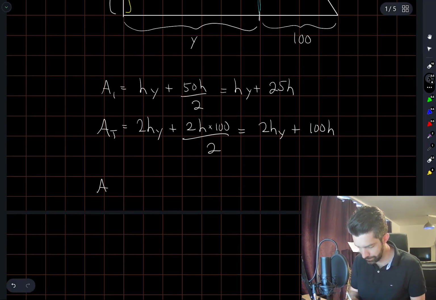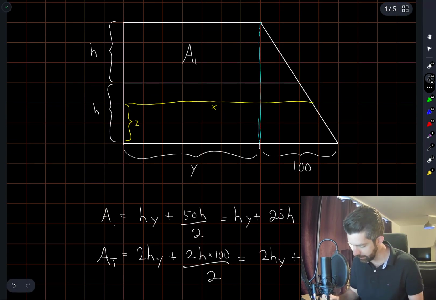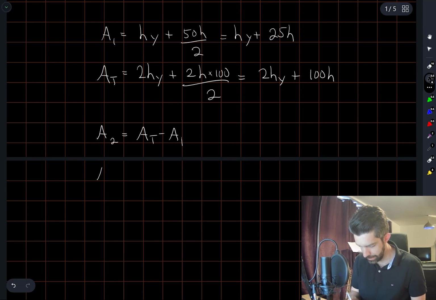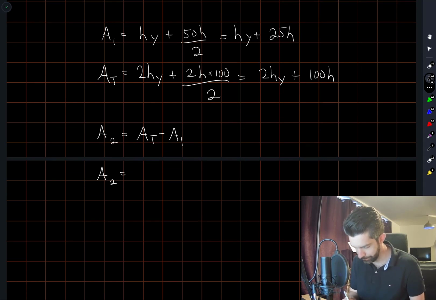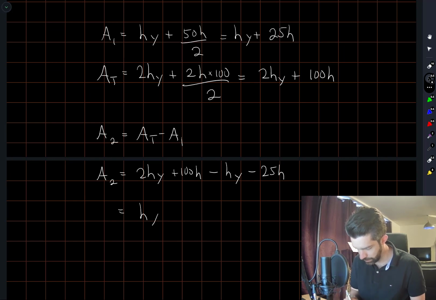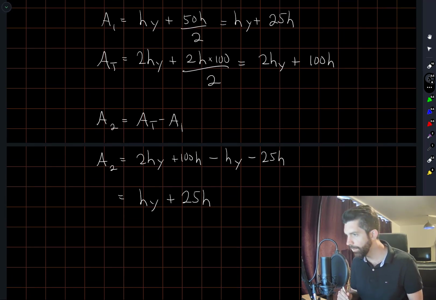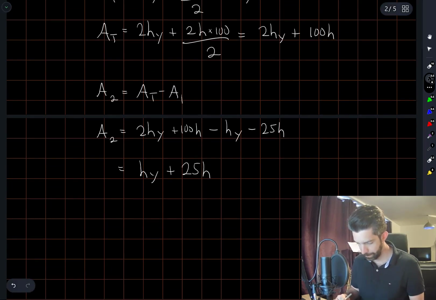And A2 is AT minus A1, A2 being this area. Okay, so A2 is 2hy plus 100h minus hy minus 25h. So this is hy plus 75h. Oh, I have a mistake. This should be 75h. And we're told that A1 over A2 is 2 over 3.